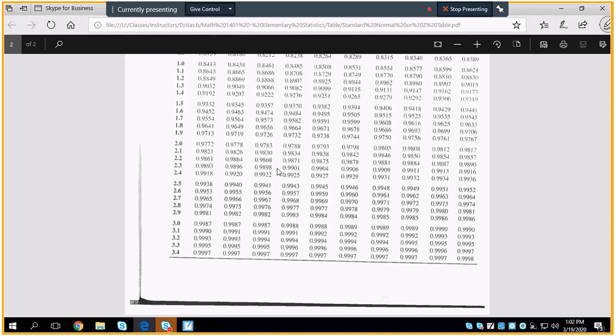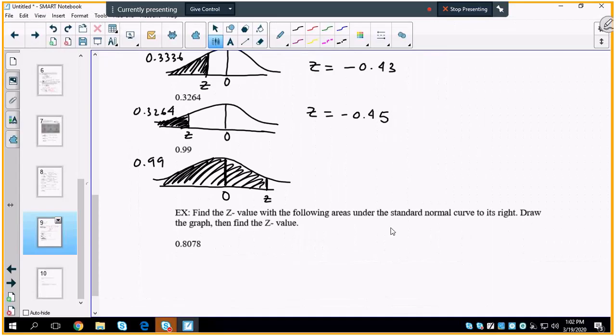So what I do in this situation, I find the z-score for this one and I find the z-score for this one, for both of them. This one is row 2.3, column is 0, 1, 2, and this one is row 2.3, column is 0, 1, 2, 3. So what do I mean by that? You wanted 0.99, you did not get it on the table, and that might happen.